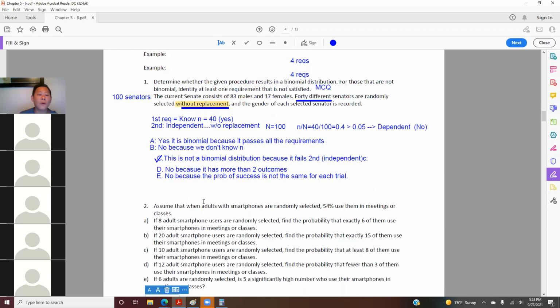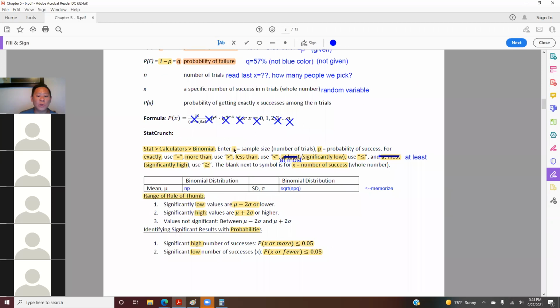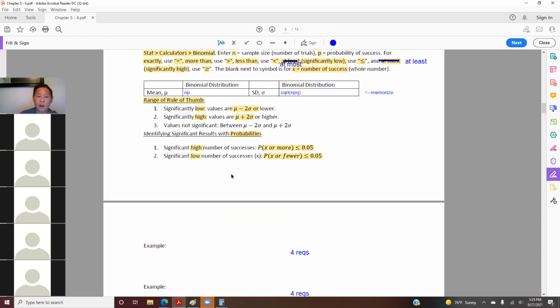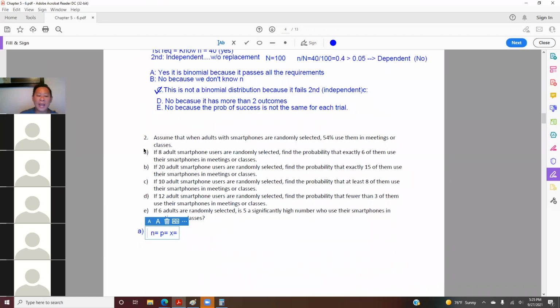Because in your StatCrunch, you need to know your N, which is a sample size, P, probability of success, X, number of success. And then you need to know equal or so on. We'll talk about that. So read question 2A and tell me what is your N, P, and X.